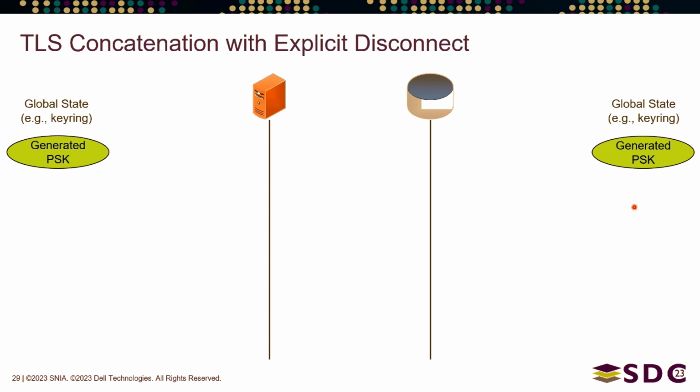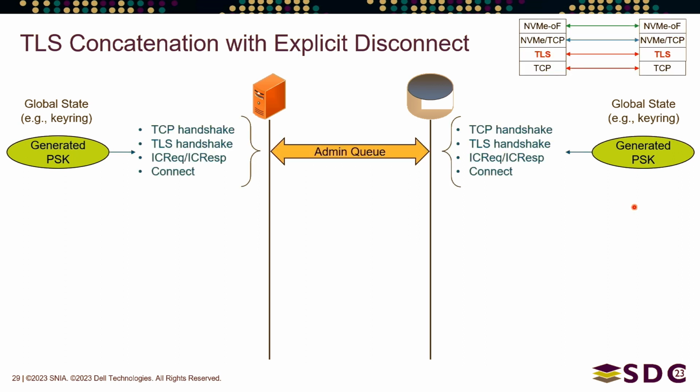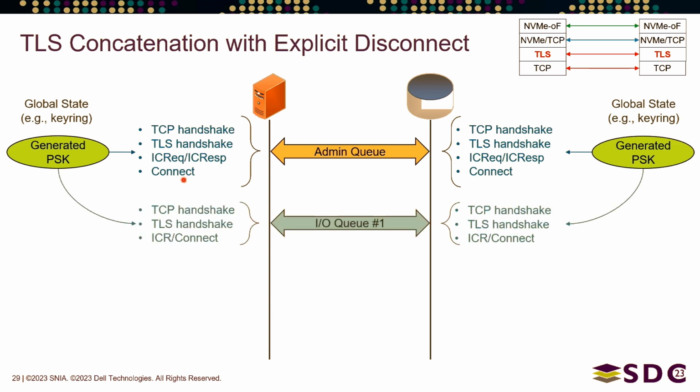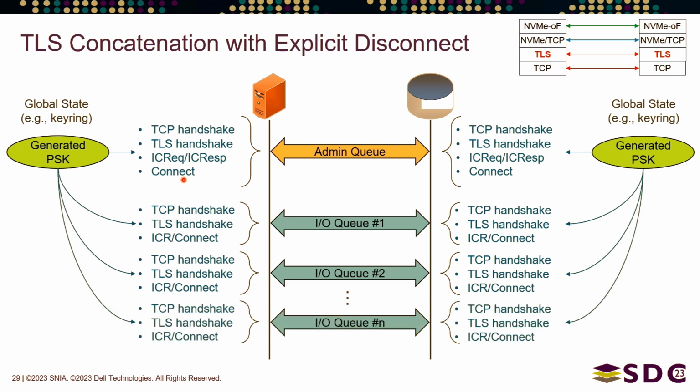Now that we have a PSK, we restart. Okay, and now we generate another admin queue, and we go straight with the TCP handshake, TLS handshake. So we are straight in TLS, and then the ICREQ, ICRESP exchange, and the connect. And every other IO queue will be done through exactly the same set of handshakes and protocols.